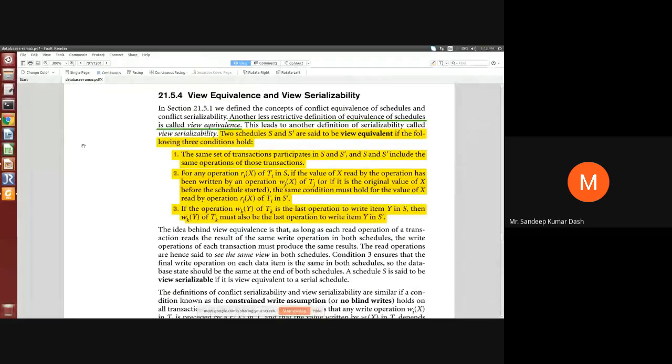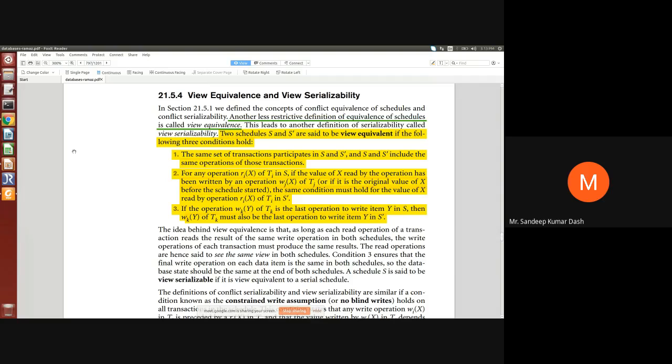Okay, this part was left. We discussed serializability, that was conflict serializability. Why we are using serializability is because we actually need to use interleaved schedules, but interleaved schedules are sometimes creating inconsistent database state.